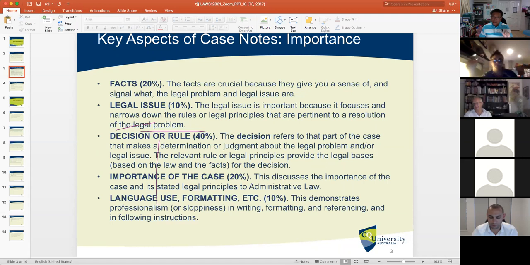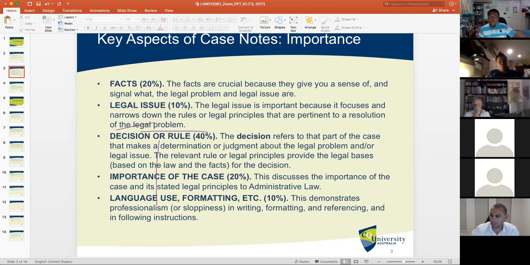So you have a decision, and there could be a decision that there was an error in the decision of the decision maker, and then that is explained by the relevant rules or legal principles. So that's another aspect. And if you will notice, as far as the weight of the marks are concerned, the heaviest weight actually goes to decision or rule.